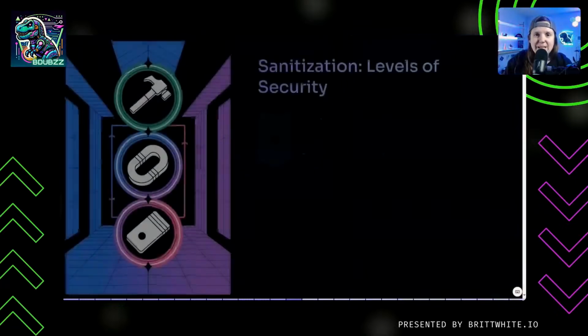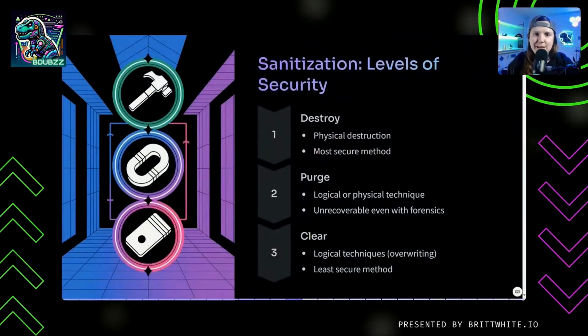To mitigate any data remnants, we use different sanitization methods. These methods all fall into 3 broad categories. Destroy is the most extreme, but also the most effective. It means physically destroying the storage media, burning it, crushing it, turning it into dust, making it absolutely impossible to retrieve any data. There's no coming back from that. Purge.